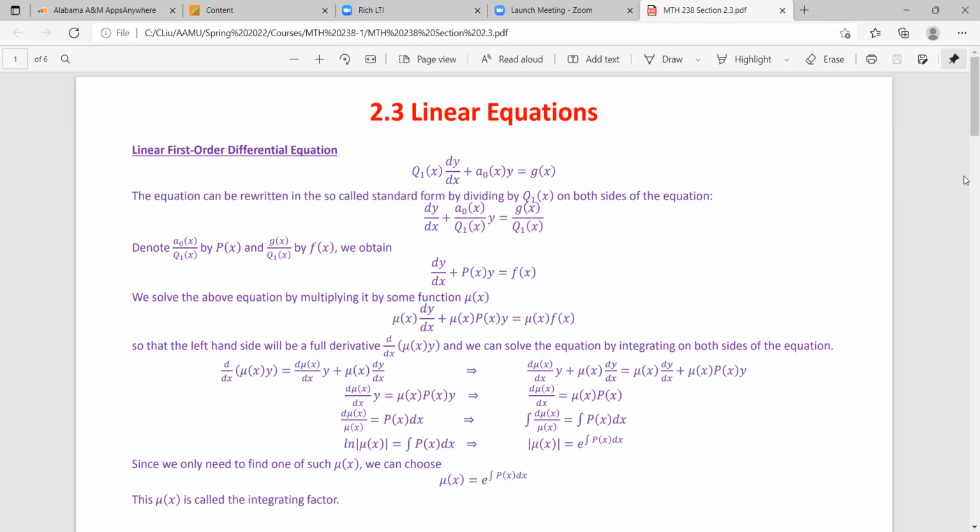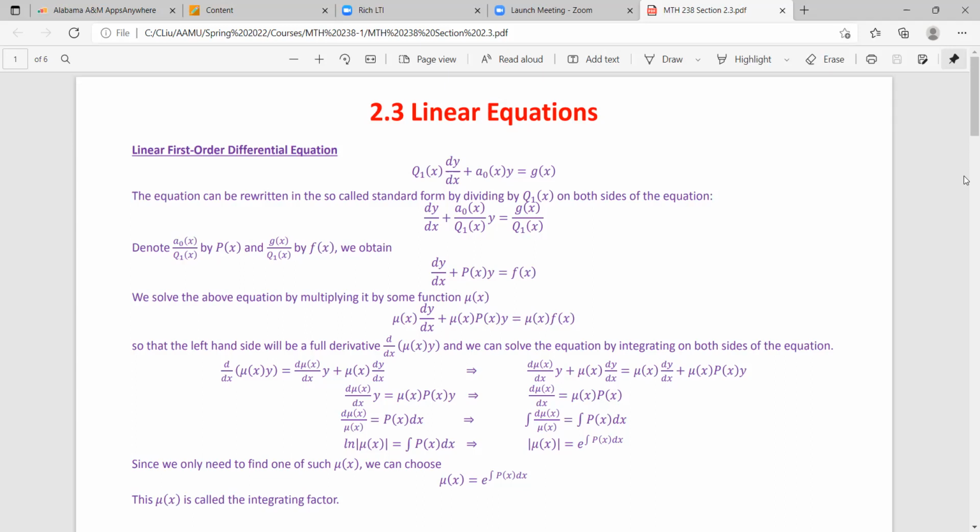We don't have to worry about the arbitrary constant in this integral, because we only need to find one such mu that works for our strategy. So you can ignore this arbitrary constant. We only need to find one such mu.